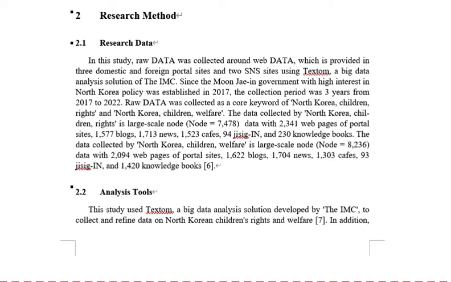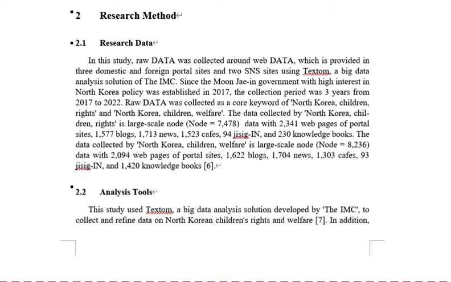The data collected for North Korean children's rights is large-scale: 2,341 web pages of portal sites, 1,577 blogs, 1,713 news, 1,523 cafes, 94 지식인, and 230 knowledge books.